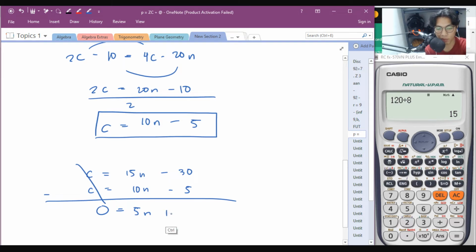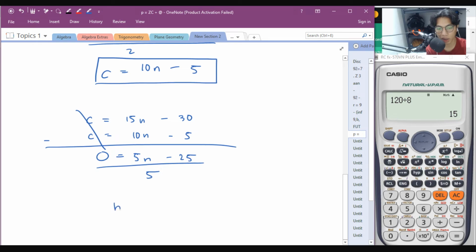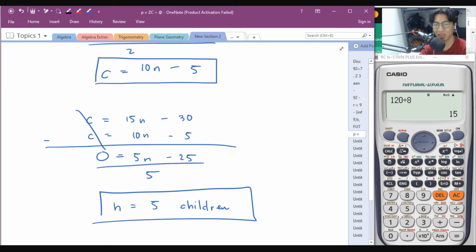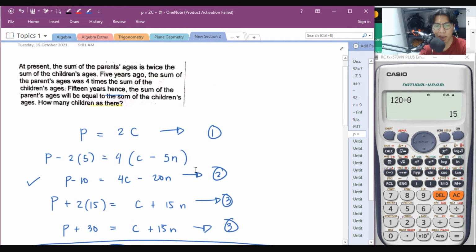So, magiging negative 25 when moved over. Divide both sides by 5. So, N will be equal to 5 children. They have 5 children. Okay? Very basic. Paggagamitan mo ng pure algebra.